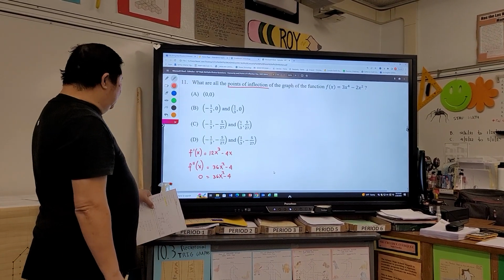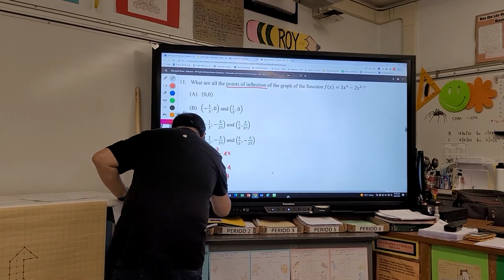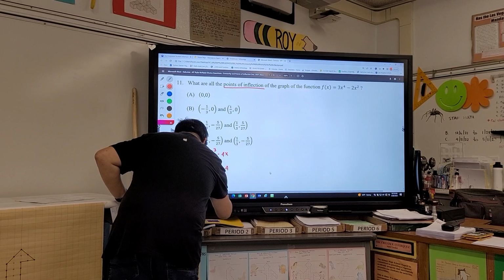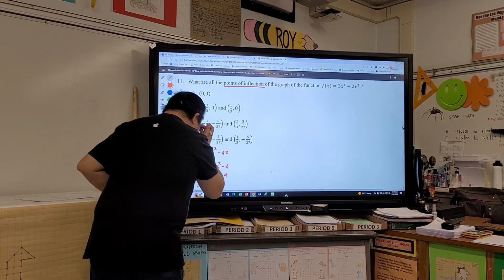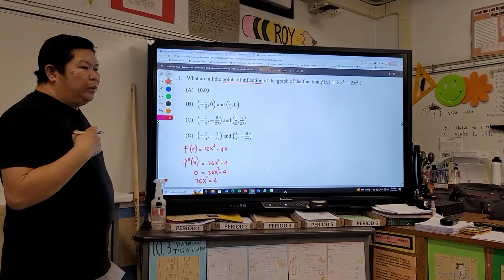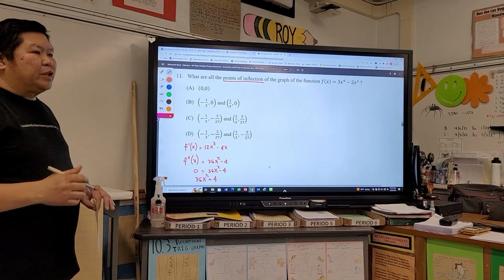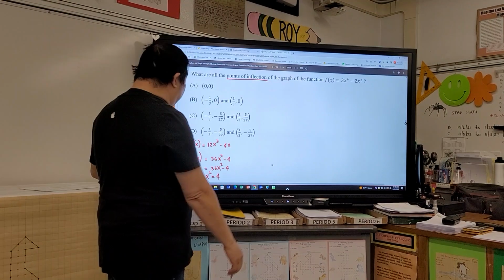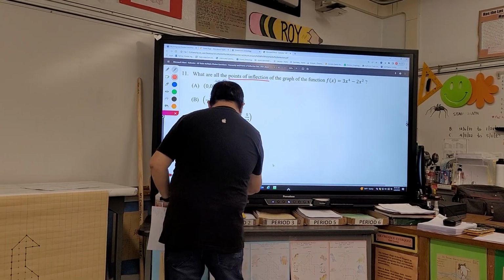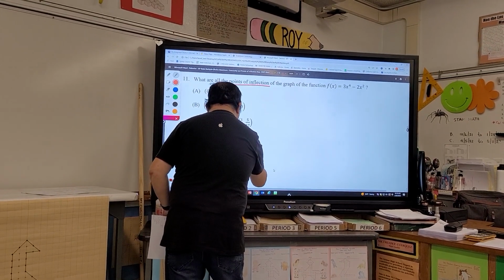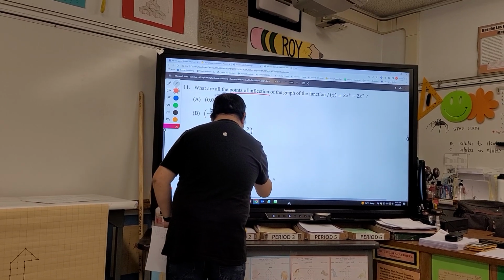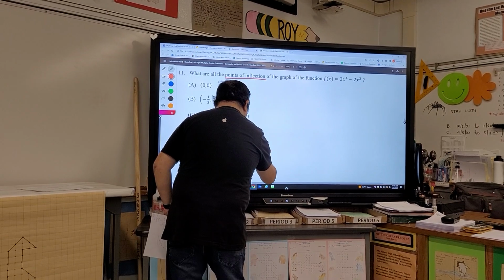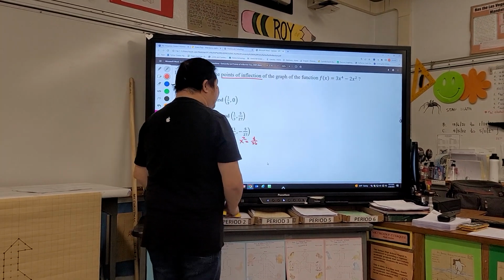Or we can say 36x squared is equal to positive 4. Then what we do, we divide both sides by 36, right? So this means x squared is equal to 4 over 36.